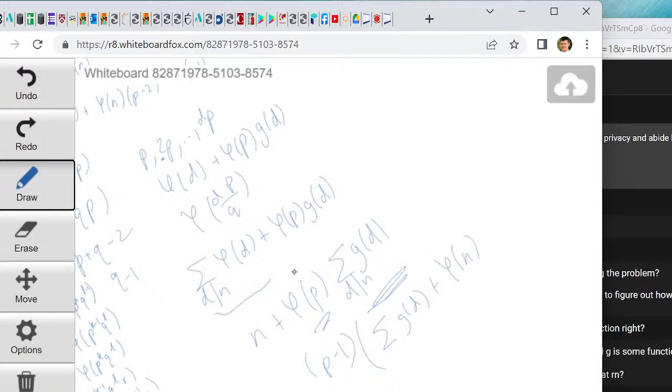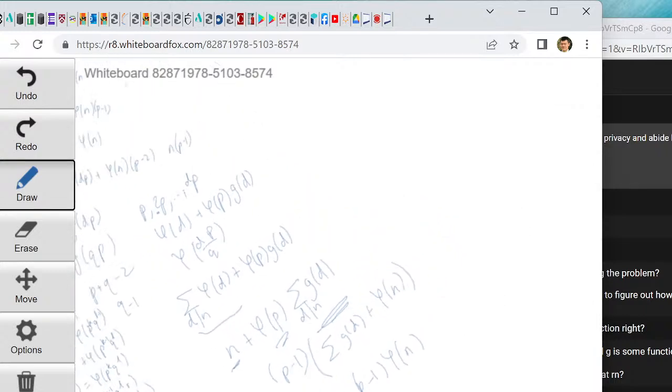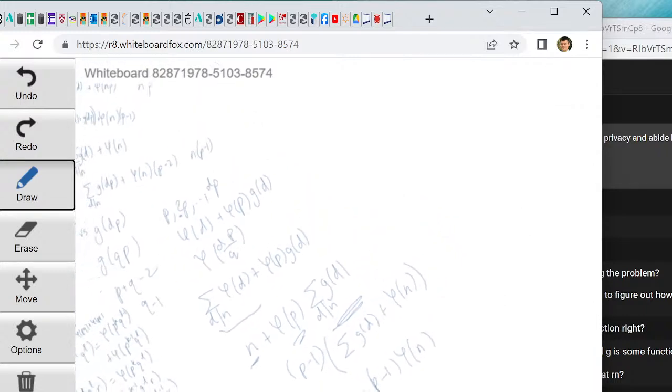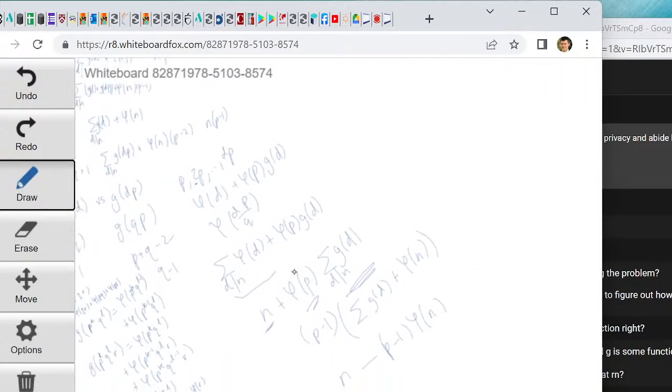plus phi of N. So minus P minus 1 phi of N. Then we have the N from here. We need this to be bigger than N times, we need this to plus phi of N times P minus 2. And we need this to be bigger than or equal to N times P minus 1.